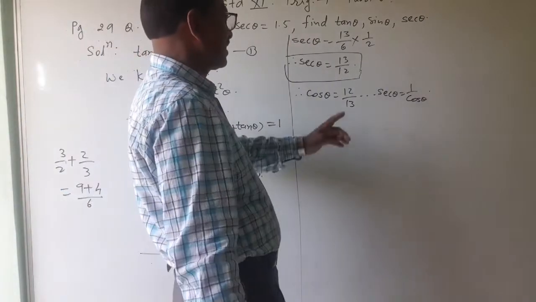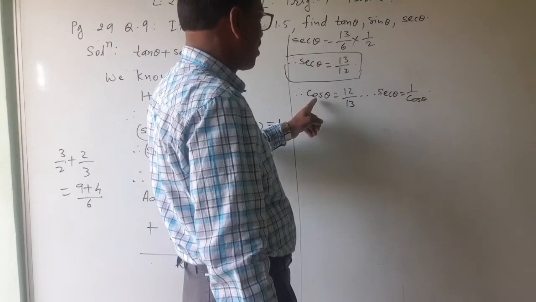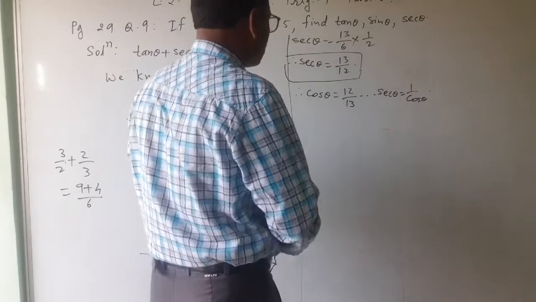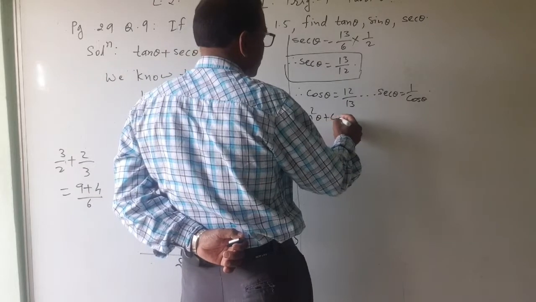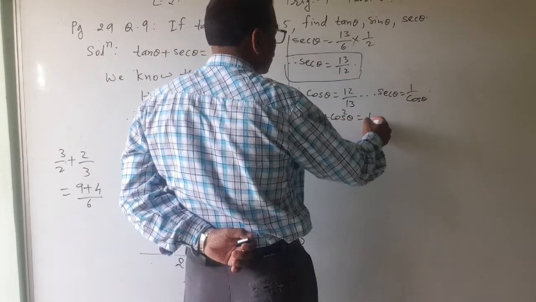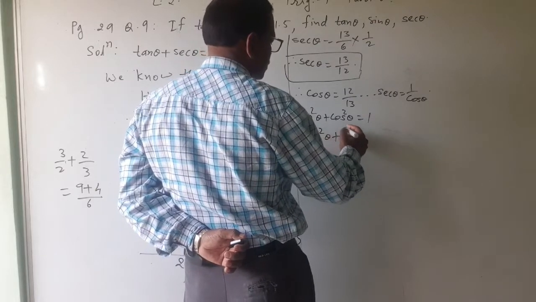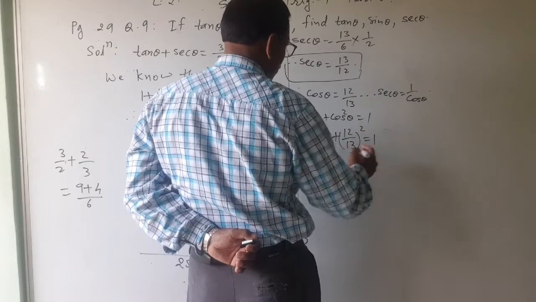And now you want tan theta, for that purpose you want the value of sin theta. Therefore sin square theta plus 12 upon 13 whole square is equal to 1.